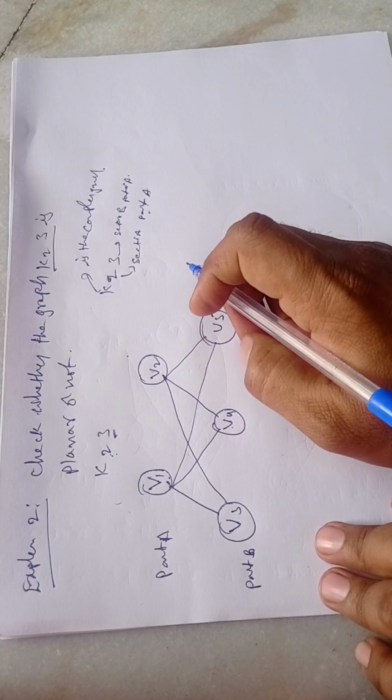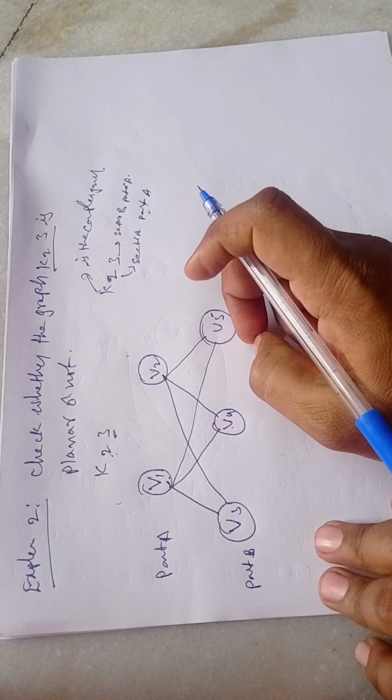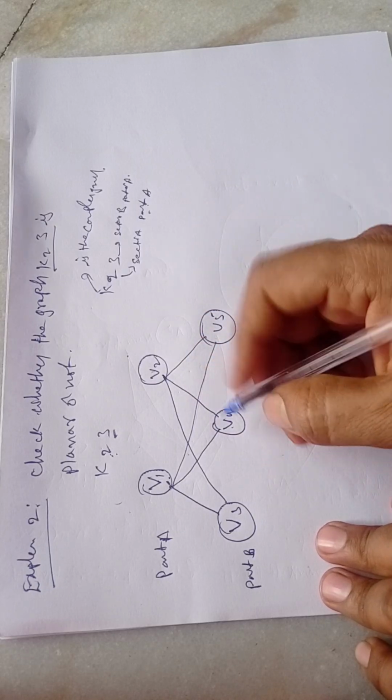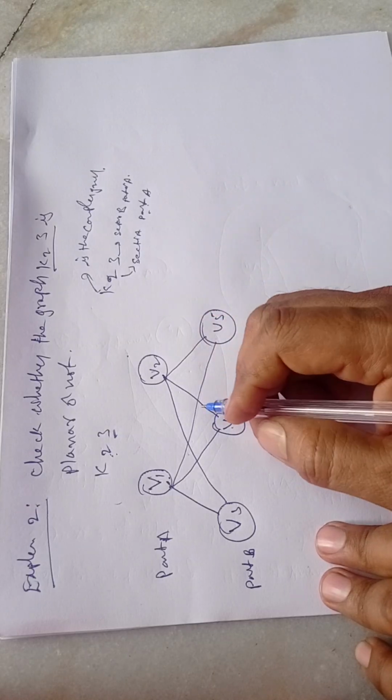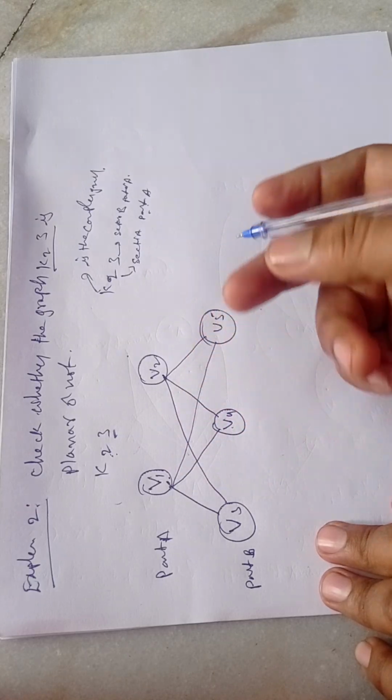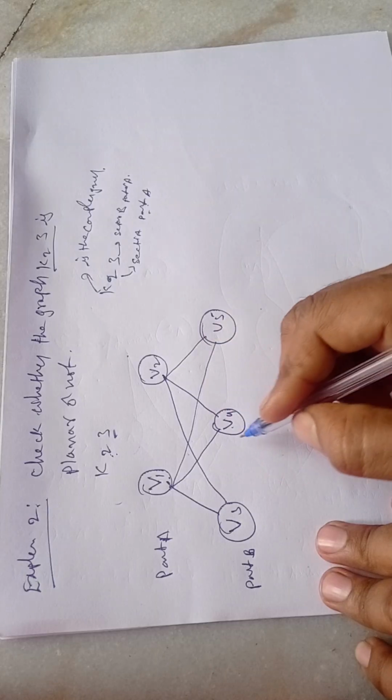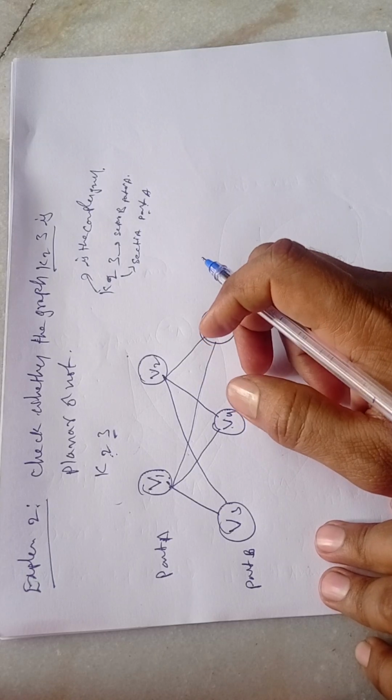This is also called a bipartite graph. This graph shows a non-planar graph. What is a non-planar graph?